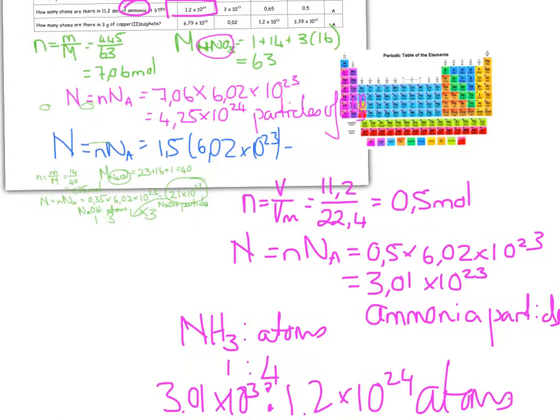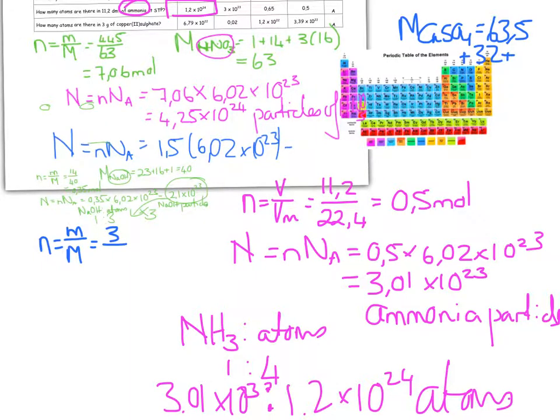How many atoms are there in 3 grams of copper 2 sulfate? So I first have to go number of moles is equal to mass over molar mass, and it's 3 divided by the molar mass of copper sulfate. So it's CuSO4, which is going to be equal to 63,5 plus 32 plus 4 times 16, which is 64.